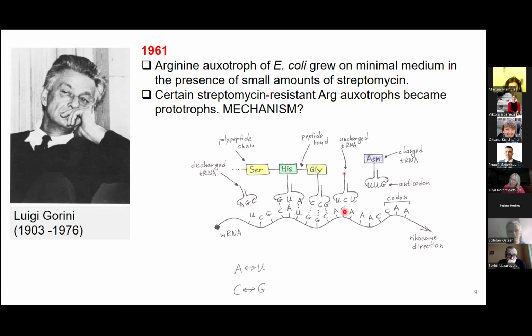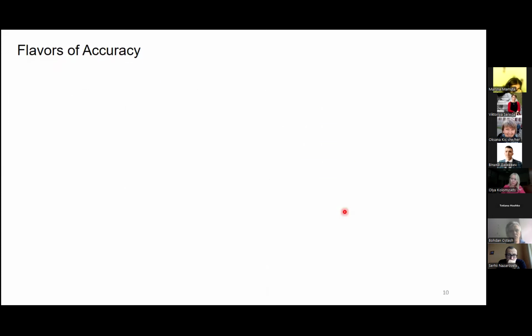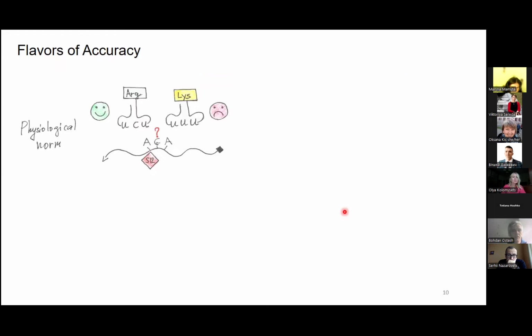So let me show you in the next slide. So basically, there is a physiological norm. Let's say you have this triplet codon AGA, and it is decoded only by this small molecule because it has the complementary triplet UCU. This is how it would happen. All the other tRNAs would be rejected by the ribosome. It would say it's not what they need to do.